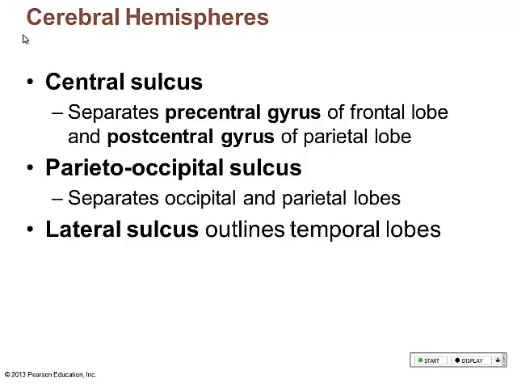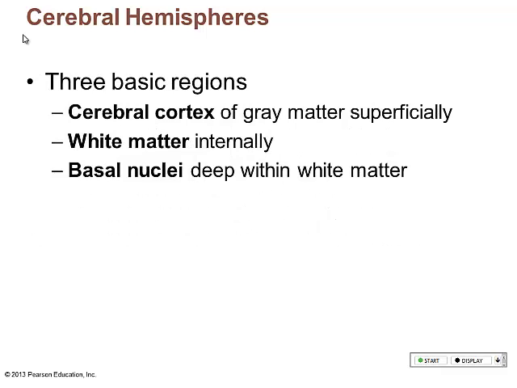So central sulcus, parieto-occipital sulcus, lateral sulcus. Three basic brain regions: cerebral cortex, white matter, and the basal nuclei. And the basal nuclei is kind of that internal stuff. White matter, what's it for? Yeah, those are pathways or roadways.